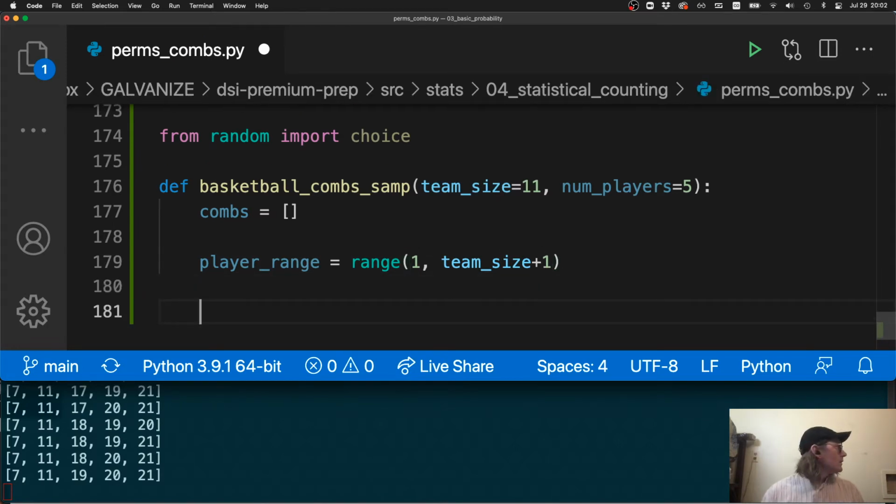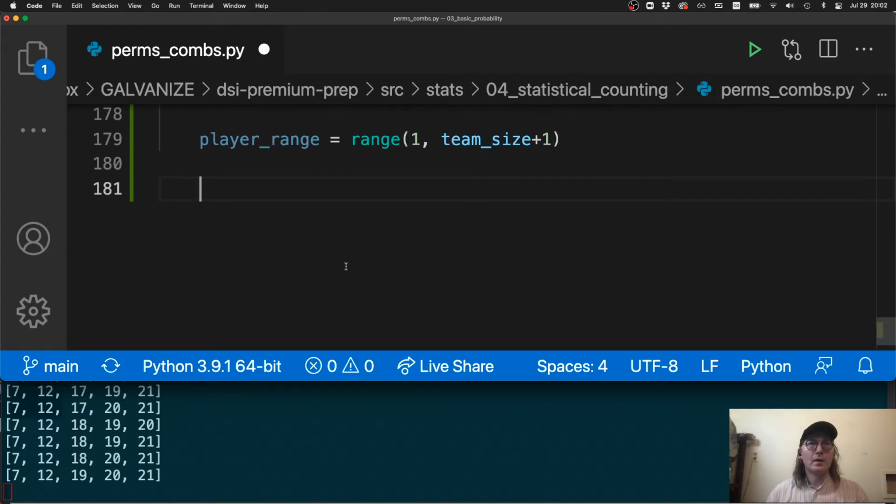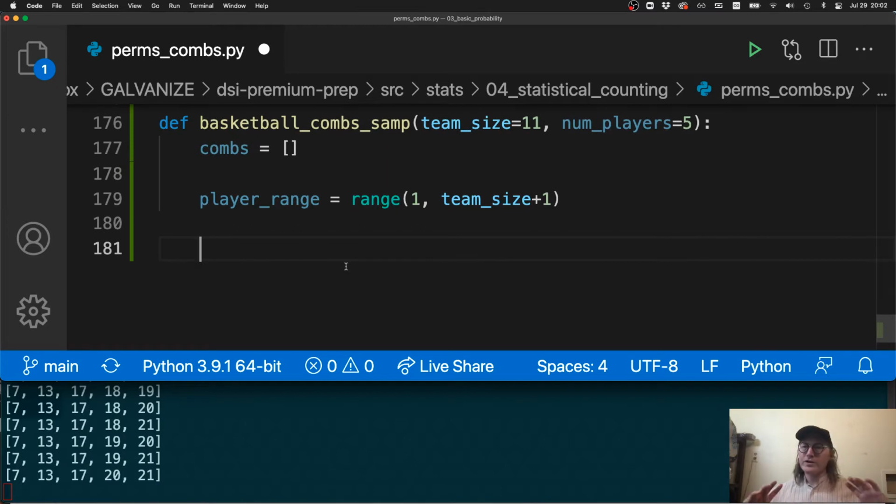And from here, we're going to have a while loop that is going to perform this as many times as is necessary. This is a good place for a while loop because we don't know how many times we'll have to sample before we get all of the unique combinations.